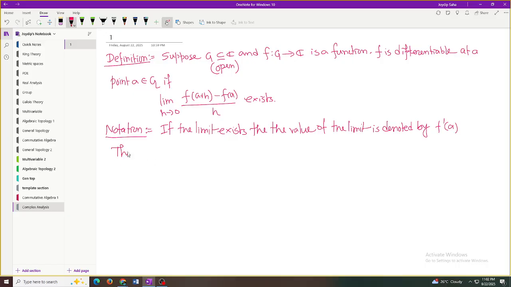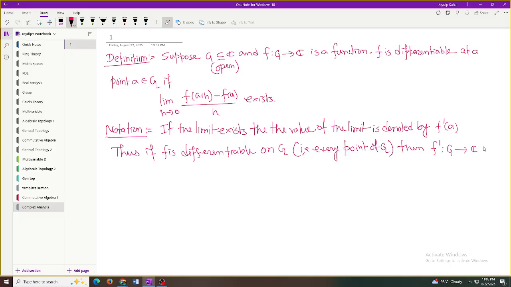Thus, if f is differentiable on G, that means at every point of G, then f dash from G to C is a function.